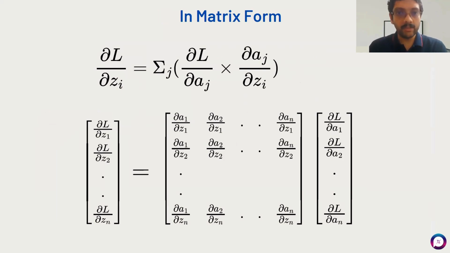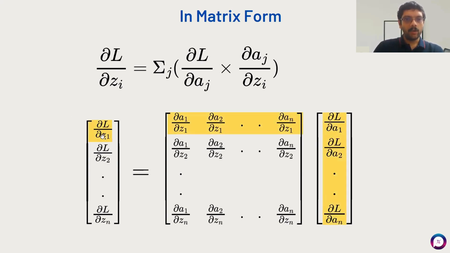We can now write this in matrix form. We can say dou L dou Z1, dou L dou Z2, and so on, and write that as a column vector. We can take the sensitivity matrix, the Jacobian matrix as it's called, of the softmax, but now we're going to flip it. We're going to take the transpose of it. We're going to write that here, and then we're going to write the column vector of sensitivities of the output of the softmax that's passed back from the loss function. So what do we get?